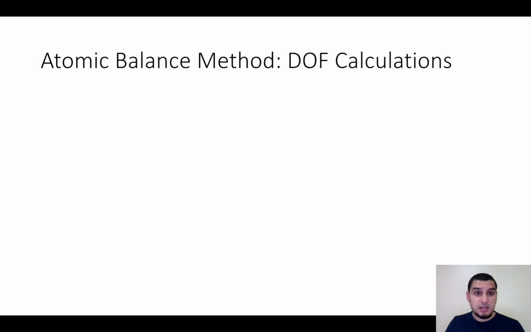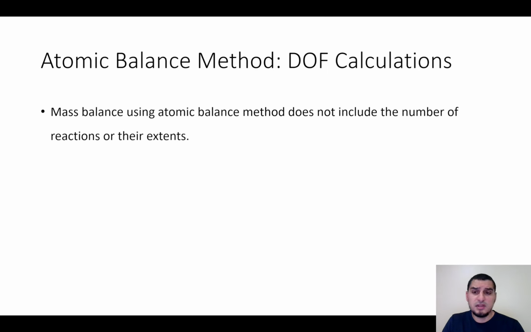So for the degrees of freedom, it is going to be very similar to what we used to do before, but we have to be careful when we do the degrees of freedom analysis for a reactive system using the atomic balance method, because there is one big difference from what we used to do before.